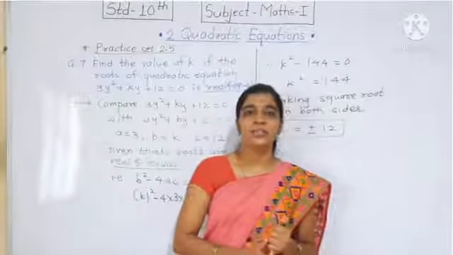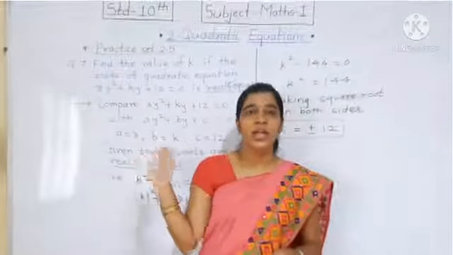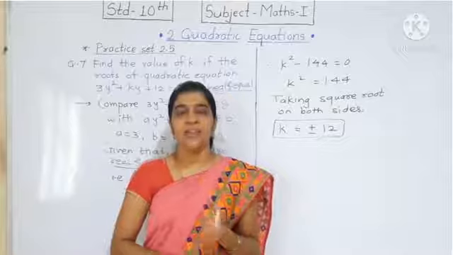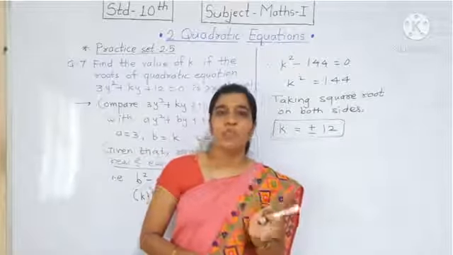Also we had seen nature of roots and value of discriminant. All these examples are based on practice set 2.5.